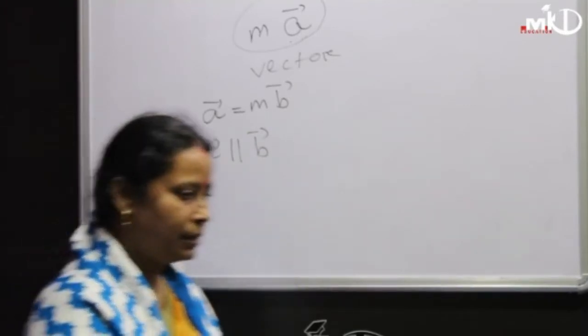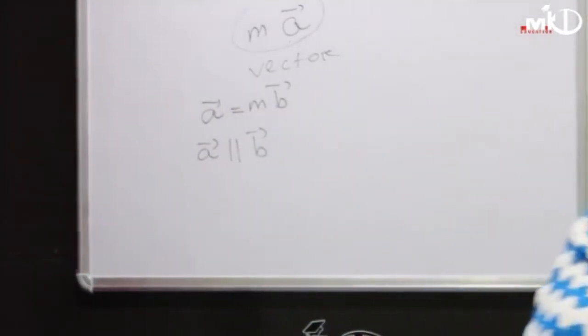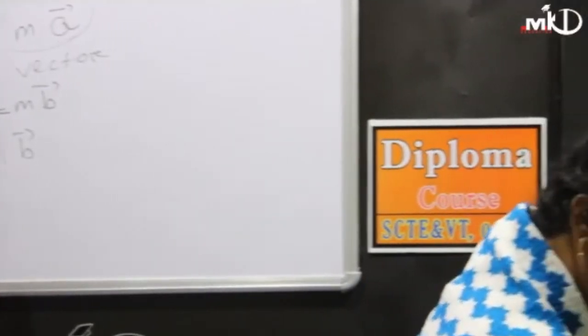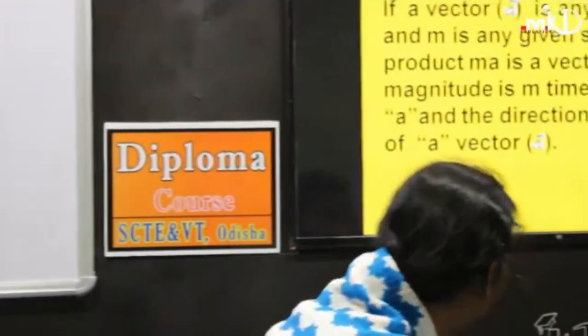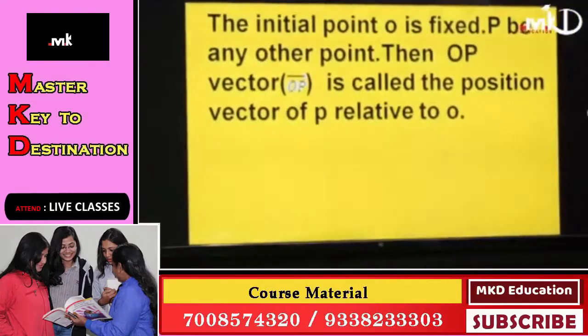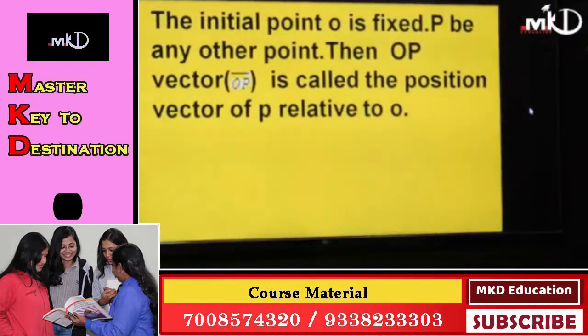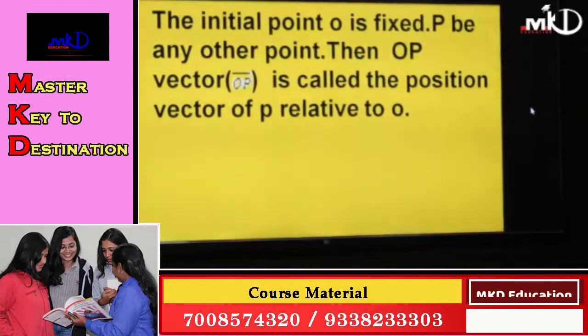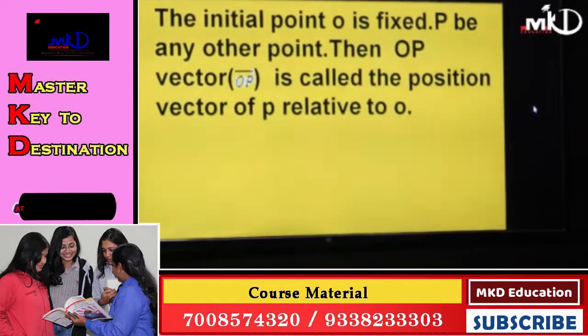Now we find the position vector. What is the position vector? Position vector means we fix the initial point.